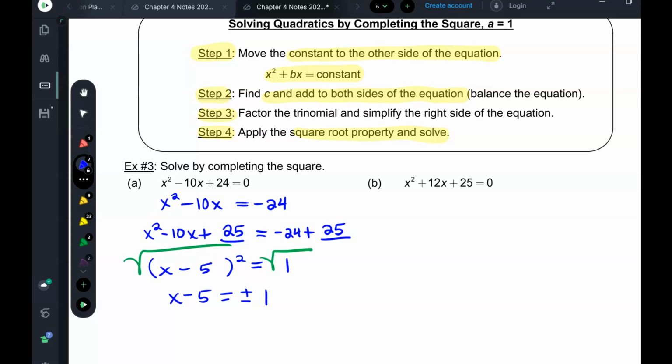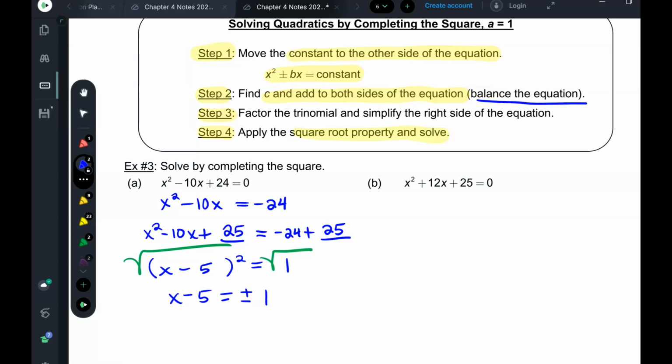Now, I have to figure out how to complete the square. So we want to figure out what to add to this. Remember what we just did on the previous page? Half of b, so half of negative 10 is negative 5, and squared you get 25. Whatever I add to one side, I have to add to the right side. What do we do in algebra?